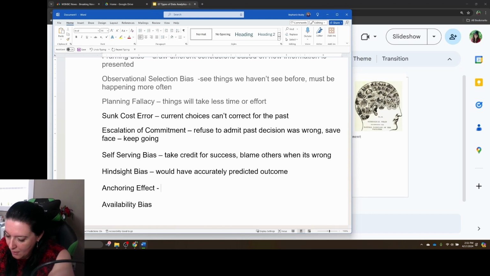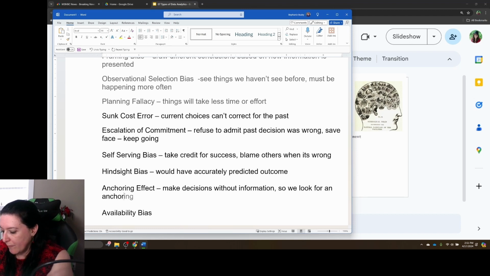Last two here, anchoring effect. This is where we make decisions without information, so we look for an anchor.